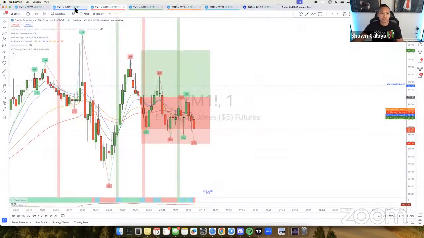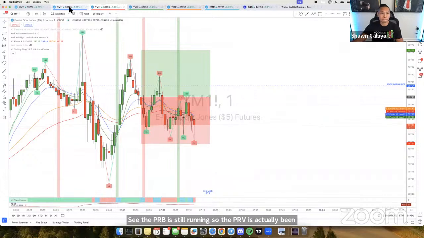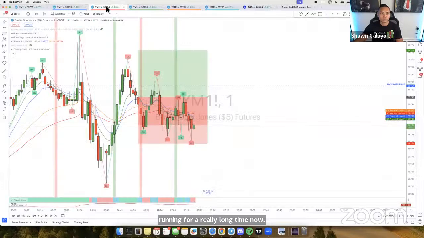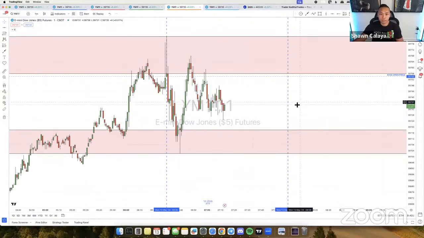See, the PRB is still running. The PRB has actually been running for a really long time now. Yeah, the PRB is still running. We got our clean chart over here again.